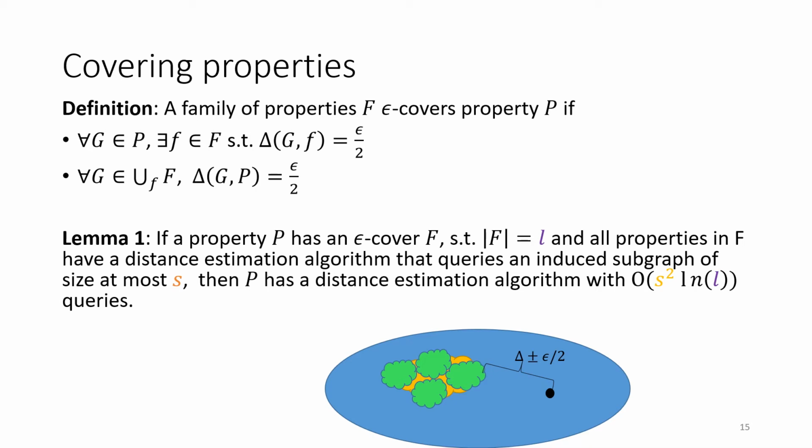The logarithmic dependency comes from Chebyshev's inequality, because if we want to be confident we have the correct result for the distances from G to all properties in F, each distance estimate must be correct with probability O of 1 over the size of F. A corollary to the lemma is that if a property P has a small enough cover of very efficiently estimatable properties, the lemma shows P also has an efficient distance estimation algorithm. Note that a similar lemma to Lemma 1 exists for testing.